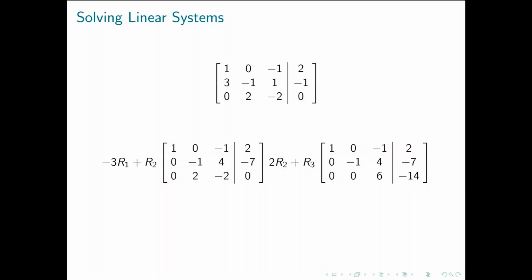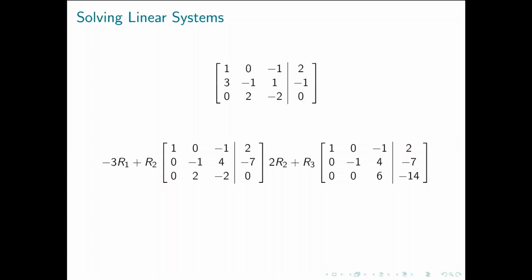To do this, I can add -3 of row 1 to row 2. And how does that do that? Well, -3 of row 1 means that for the first entries, for the entries corresponding to x of rows 1 and 2, I'm taking -3 times 1, the first entry, added to the first entry of row 2, which is a 3.